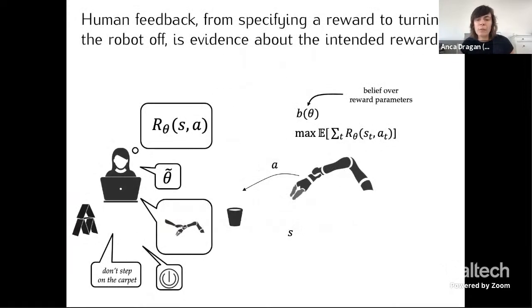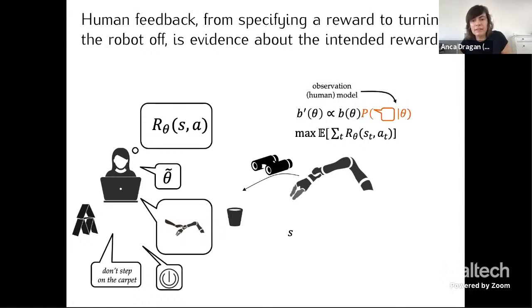In other words, how do we go from observing the feedback from the human to doing a belief update for these parameters theta that are our estimate of what the reward should be?